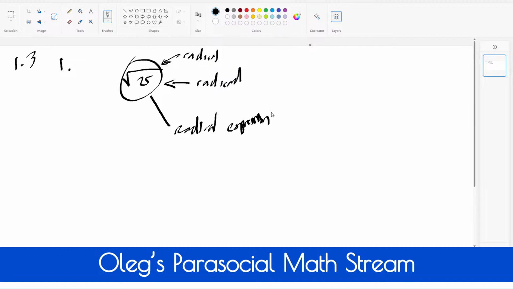The principal nth root of a is written like this, n root of a, where n is a positive integer greater than or equal to 2. So, for example, square root of a is the same thing as this. And in the radical expression, n is called the index of the radical.